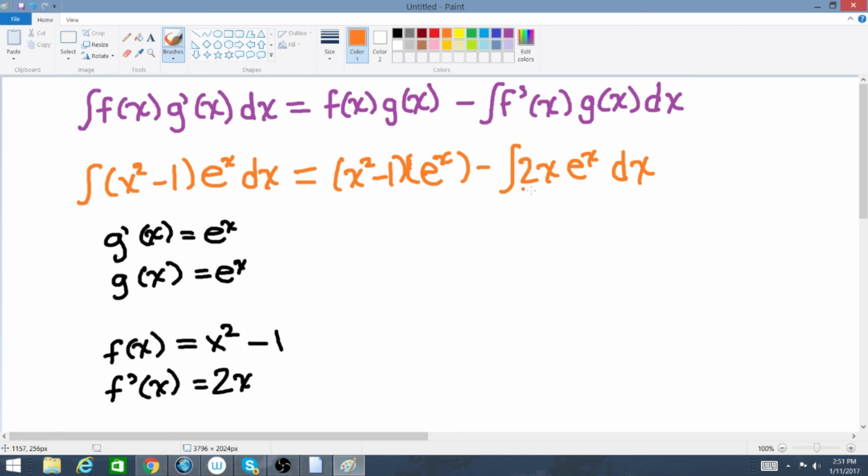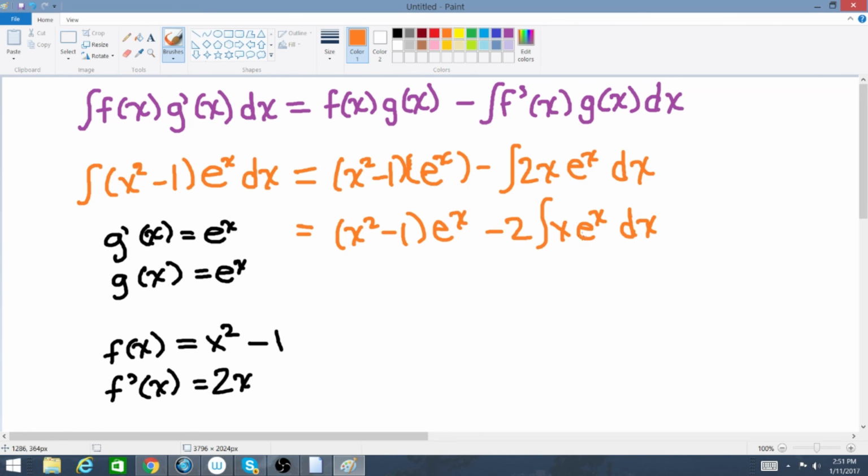Now, because this 2 is a constant, we can actually bring it out. So let me write this out again. It's again x squared minus 1 times e to the x minus 2 times the integral of x e to the x dx.